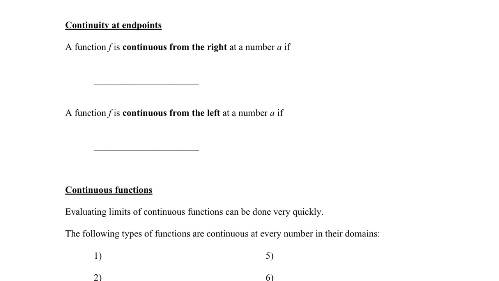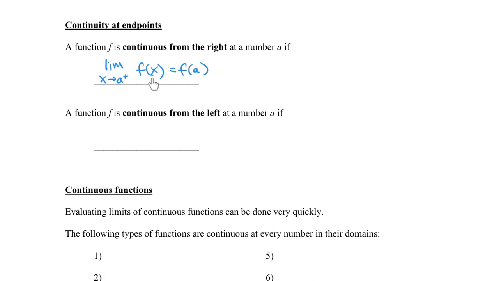We talked about continuity at endpoints a little bit in an earlier example, but just to make this formal, I'm going to fill in the blanks here. A function f is continuous from the right at a number a if the limit as x approaches a from the right of the function is equal to f of a.